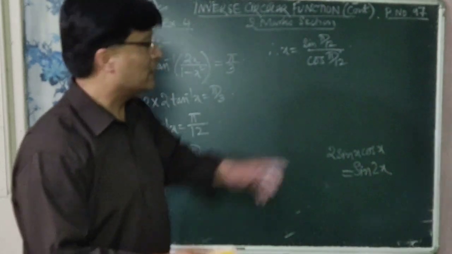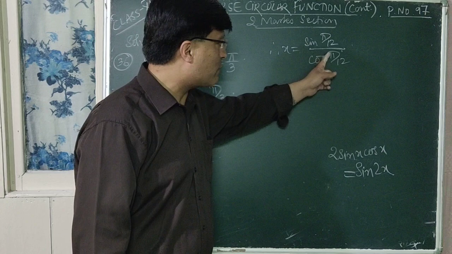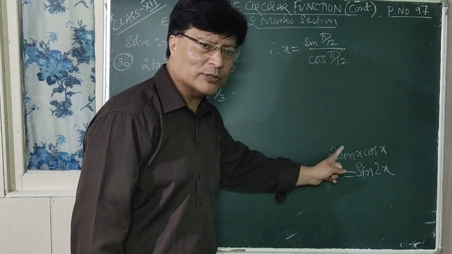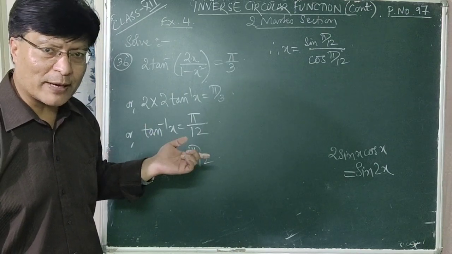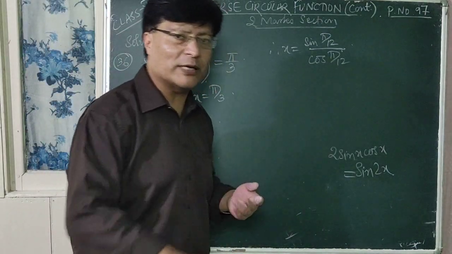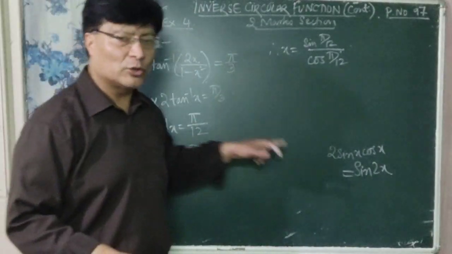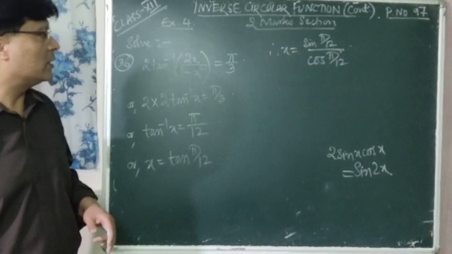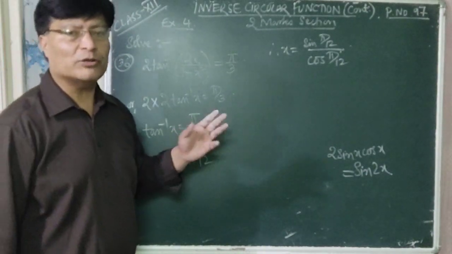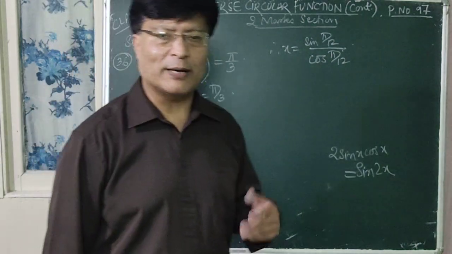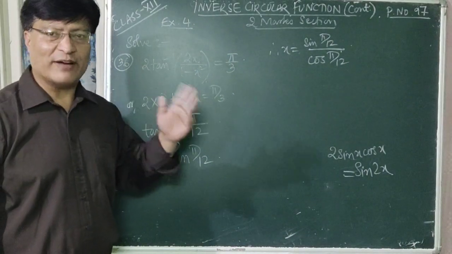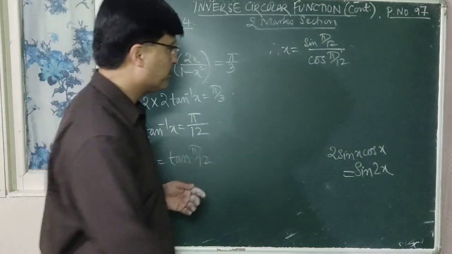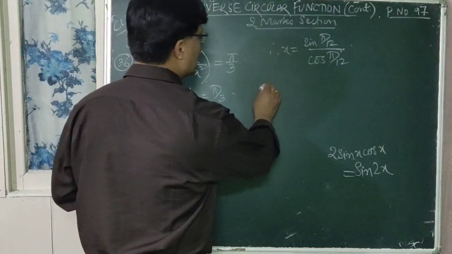So if you multiply the denominator by 2 sin pi by 12, you have to multiply again the numerator by the same expression, that is 2 sin pi by 12. That is, you have to multiply both the numerator and the denominator by 2 sin pi by 12 to simplify it and to find out its value. Okay? So let us do it.